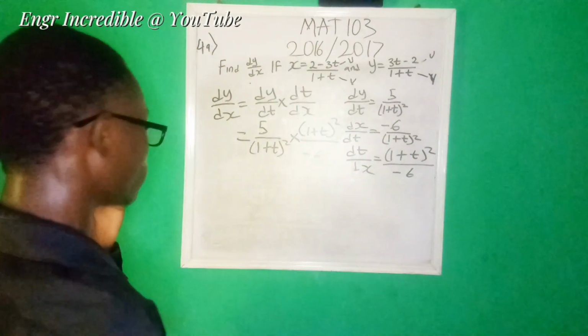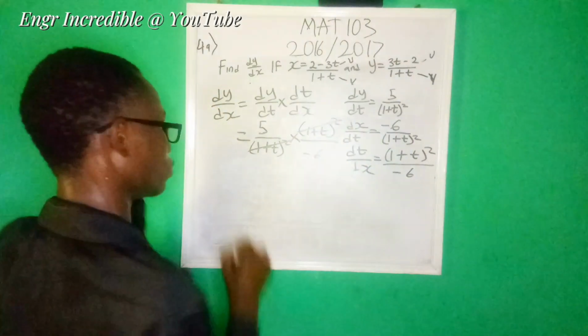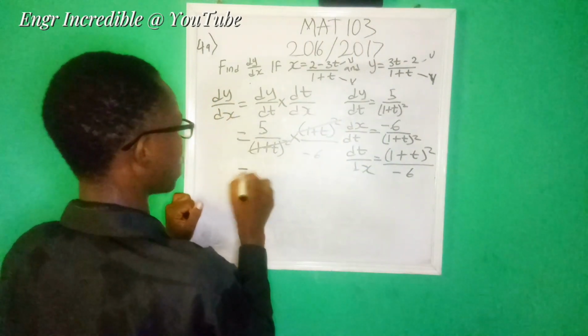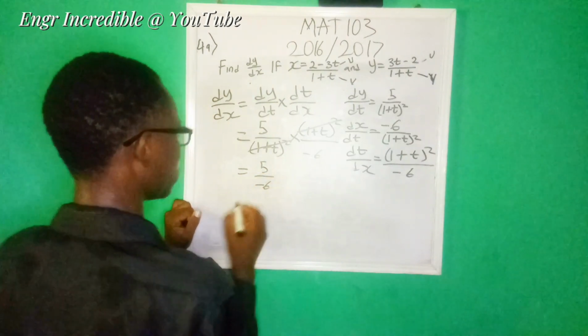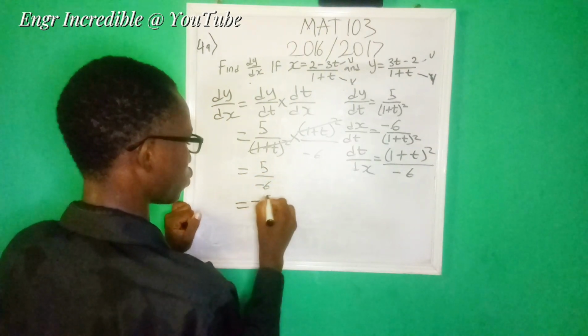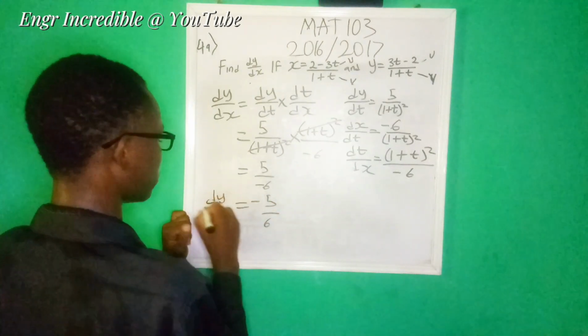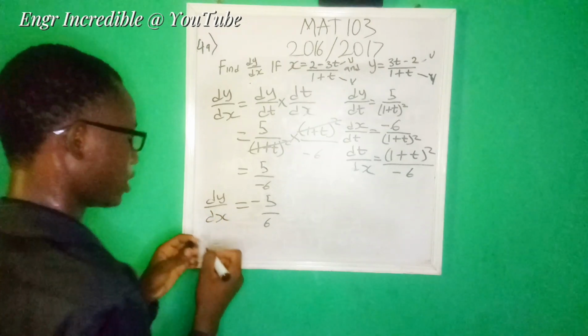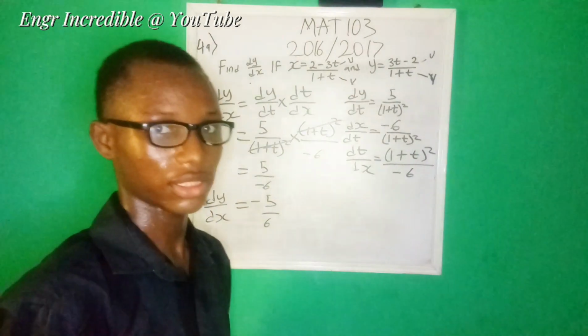So from the view of this, 1 plus t square can cancel 1 plus t square. We have our dy dx as 5 all over minus 6, which is equals to minus 5 over 6. So this is our dy dx. dy dx is equals to minus 5 all over 6.